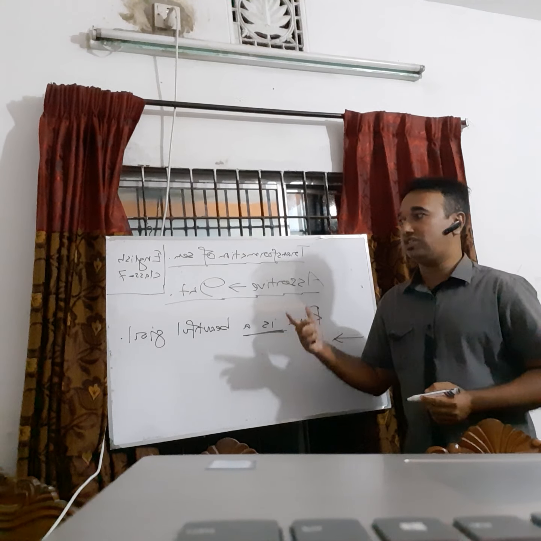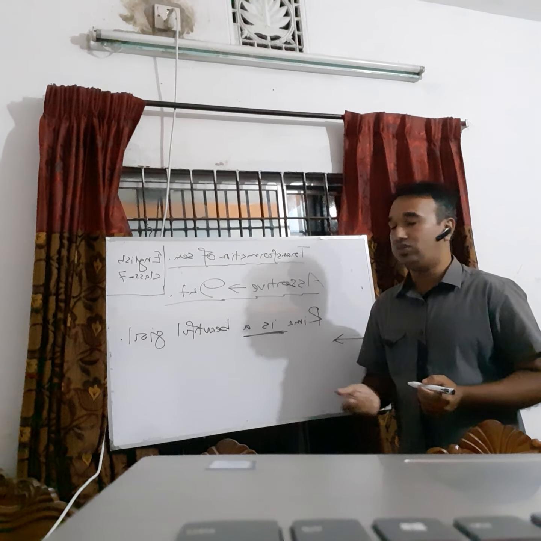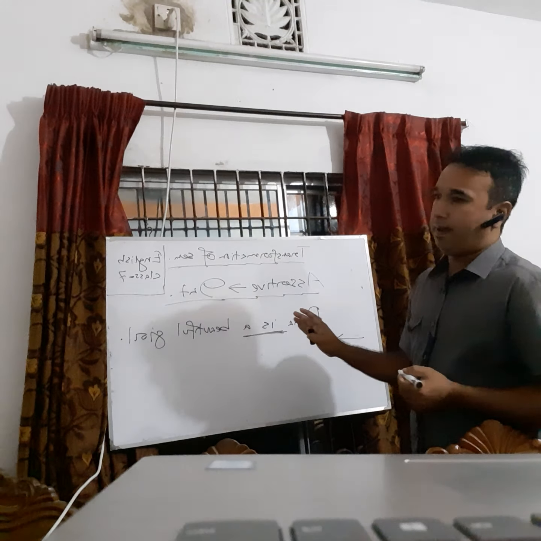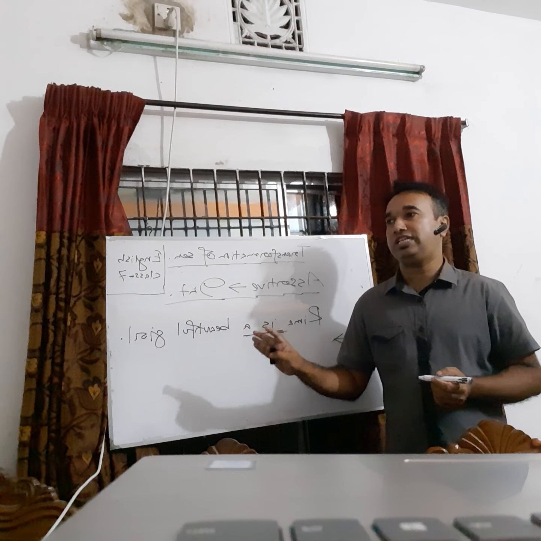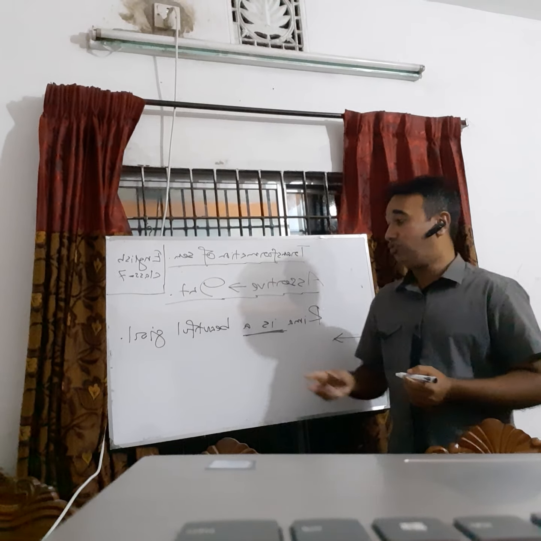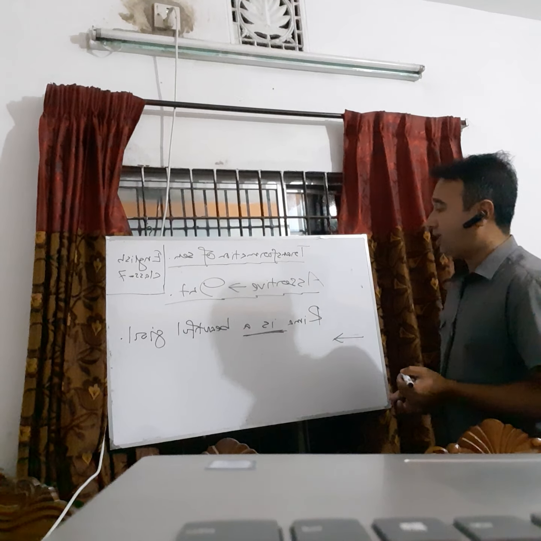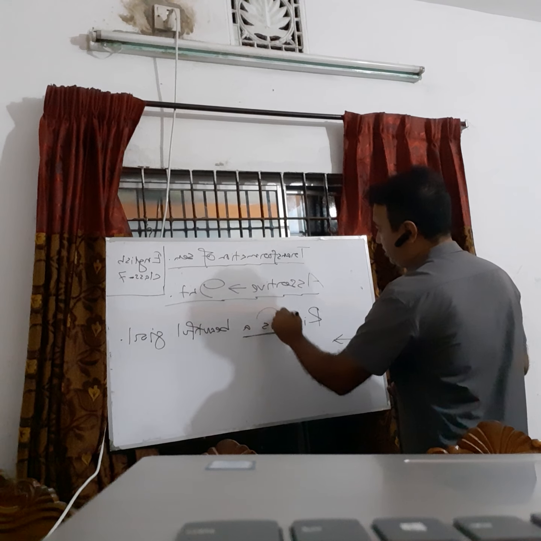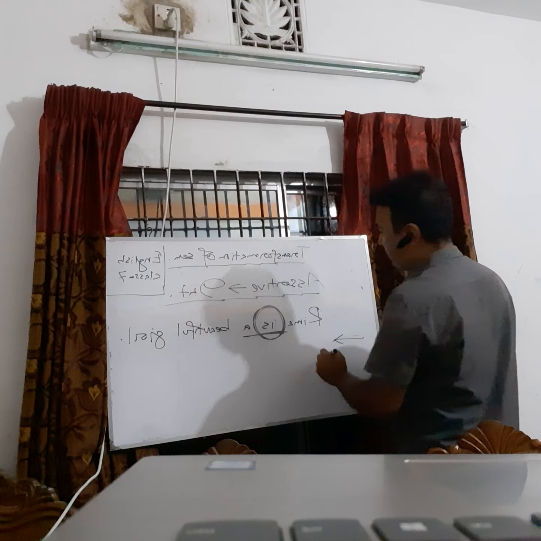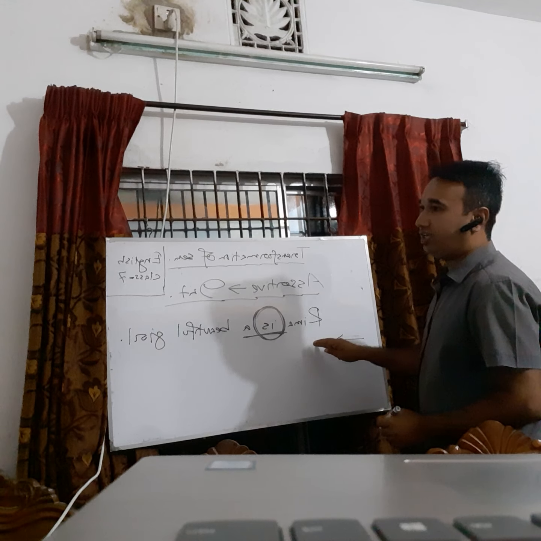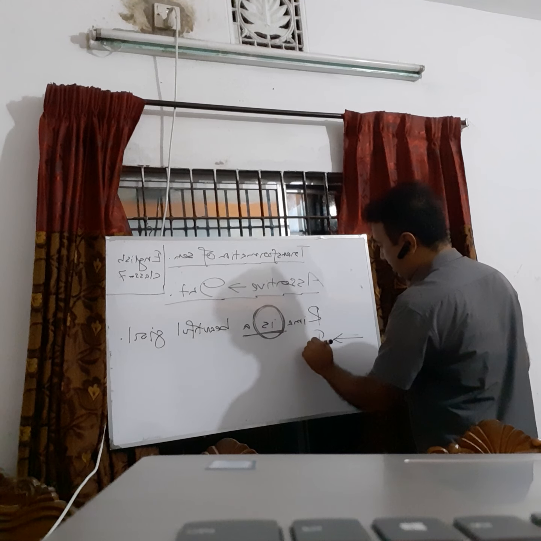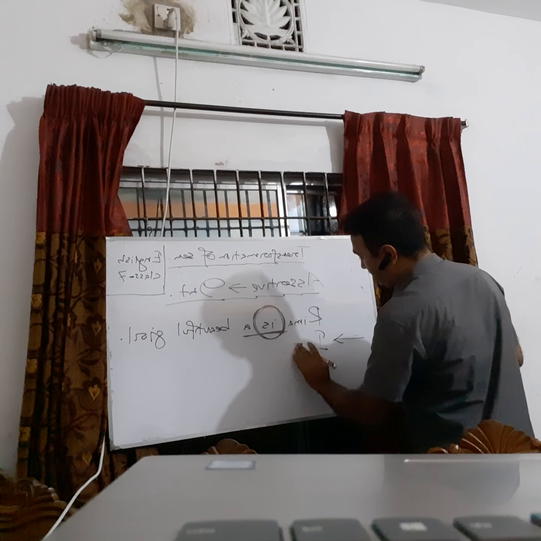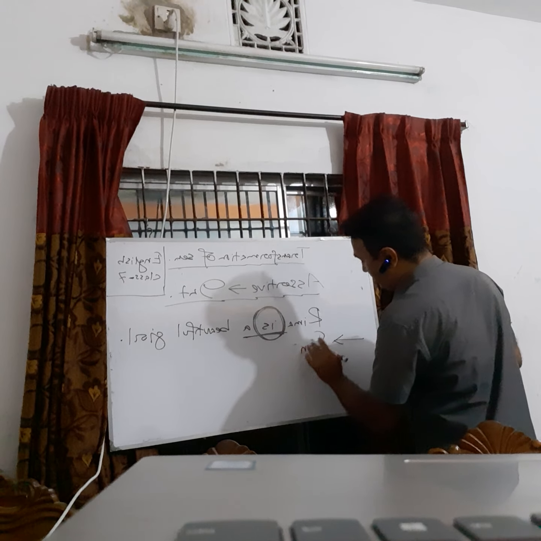Now, what is the formula? What is the structure? What do you have to do to make a sentence interrogative? Firstly, you have to notice whether there is any auxiliary in the sentence or not. If you find any auxiliary in the sentence, then place the auxiliary at the beginning of the sentence. Here is the auxiliary, is. So place it at the beginning of the sentence and make it negative.